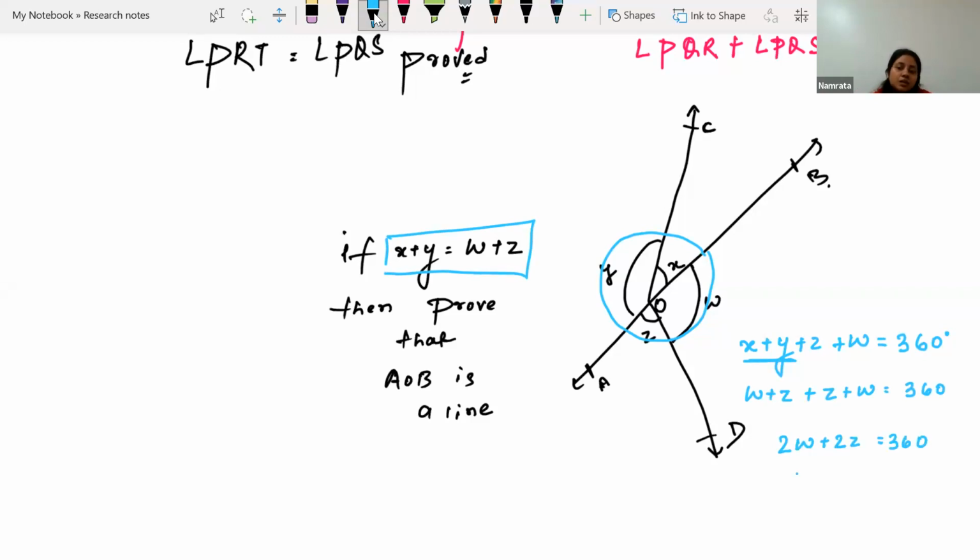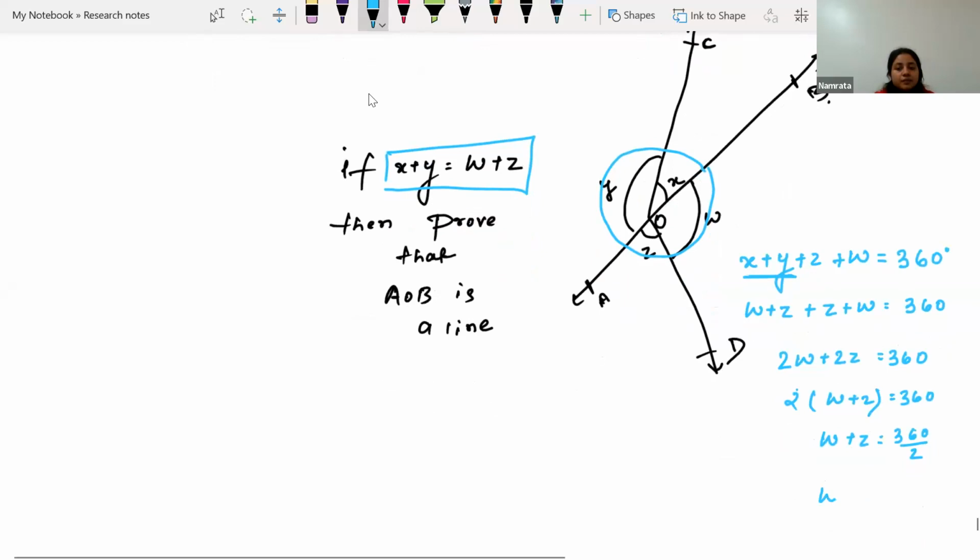Taking 2 common, 2 times W plus Z is equal to 360. W plus Z is equal to 360 by 2. That means W plus Z is 180. If this W and this Z together are making 180 degree, there is a straight line AB.